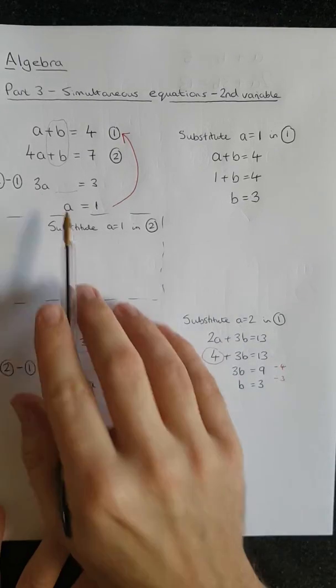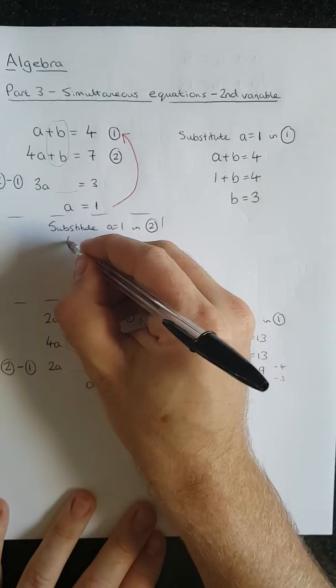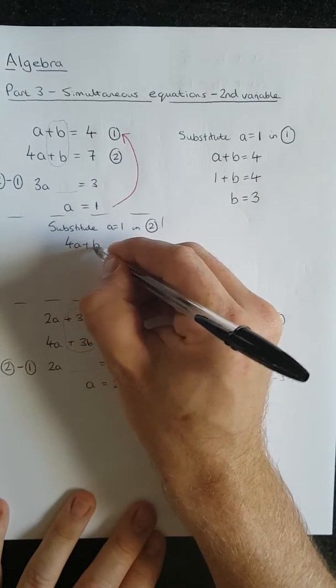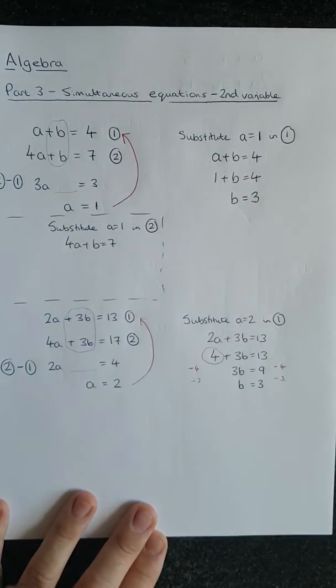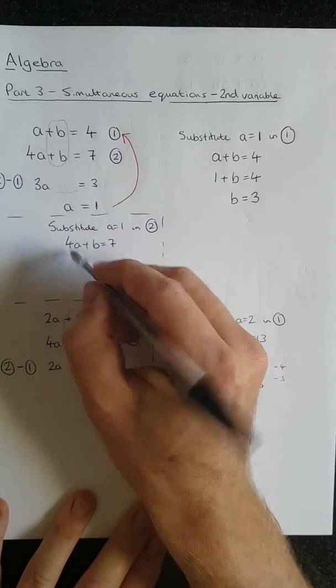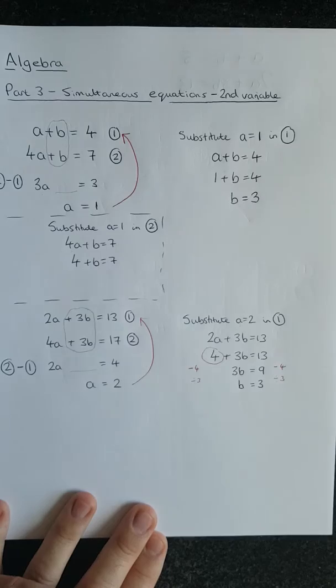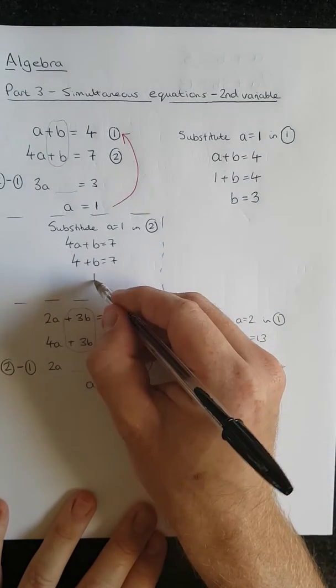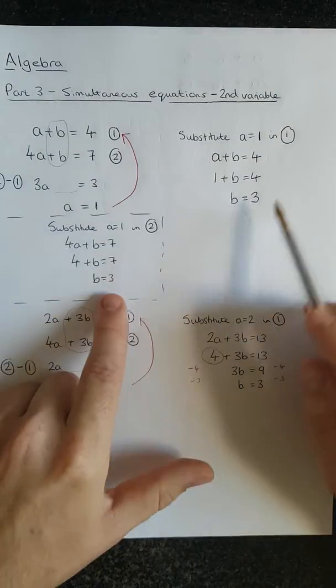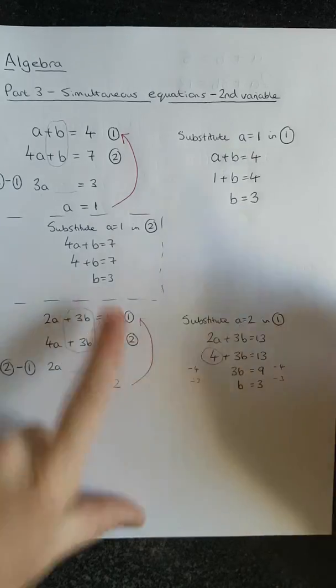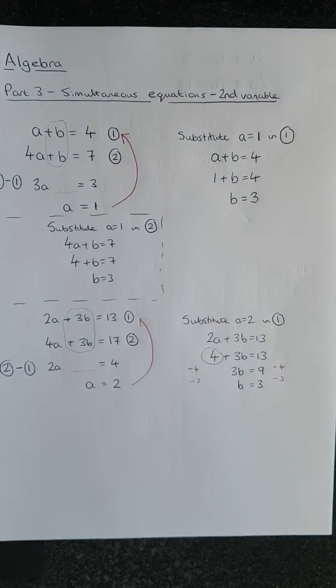Well, so our equation was this. We'd put 1 in here, so we'd get 4. So we'd work out b is 3. So it makes no difference.